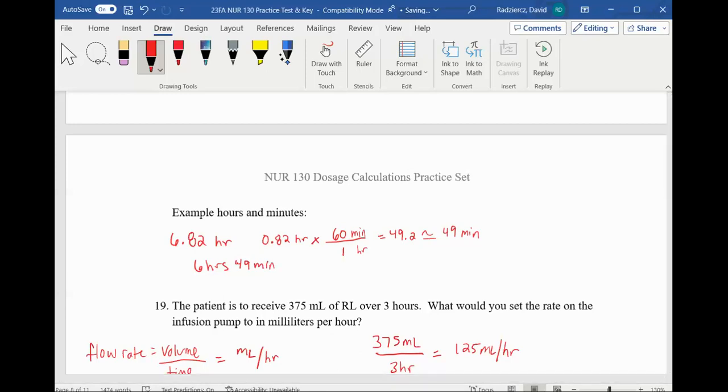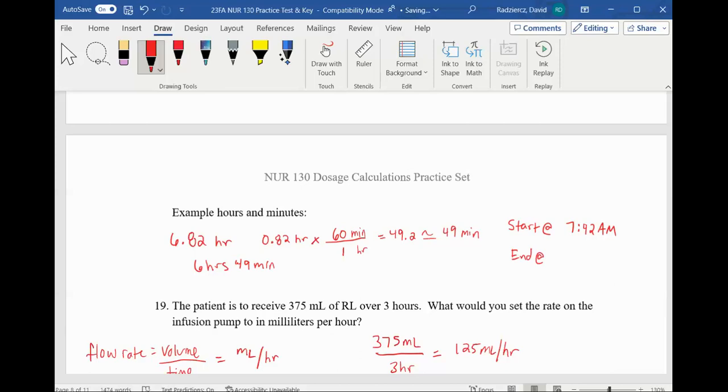So now you know how to convert that decimal to an actual time. Let's say they tell you something like, okay, well, the infusion starts at, let's say, 7:42 a.m. And the question is, when will it end?